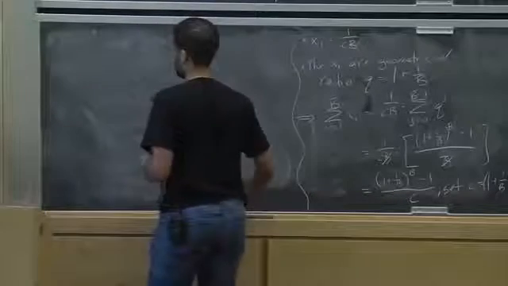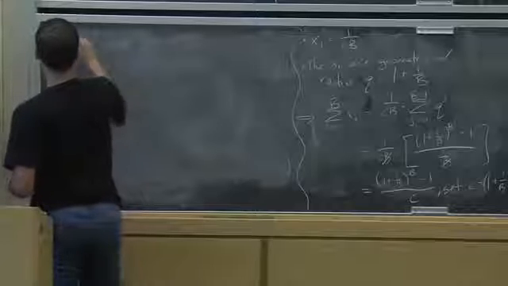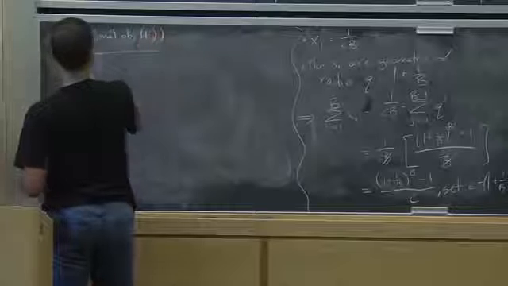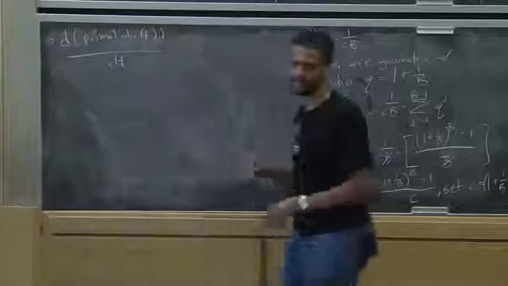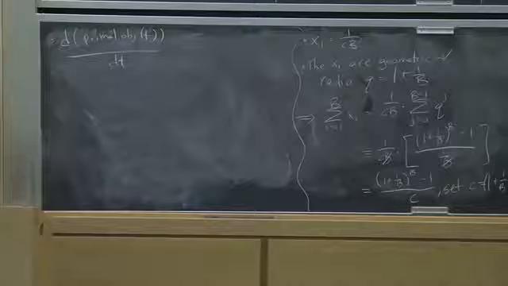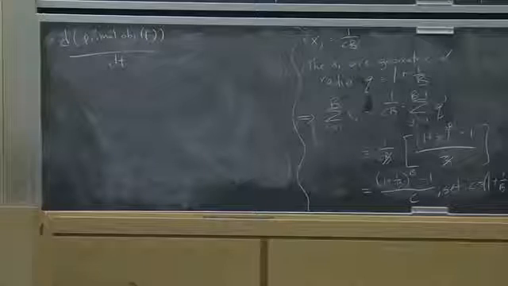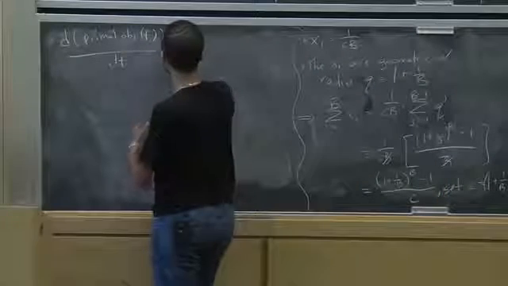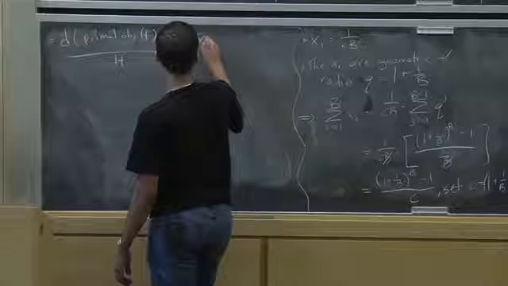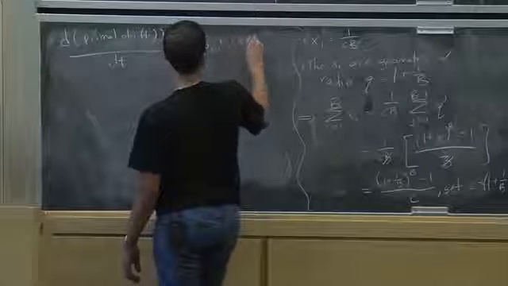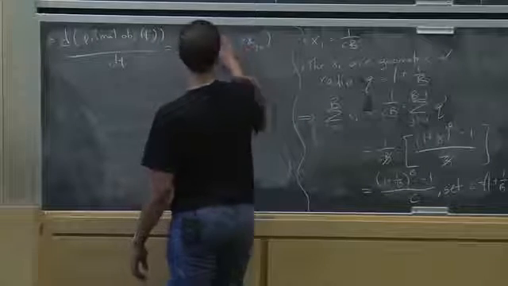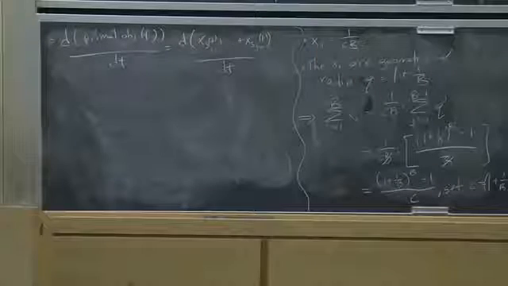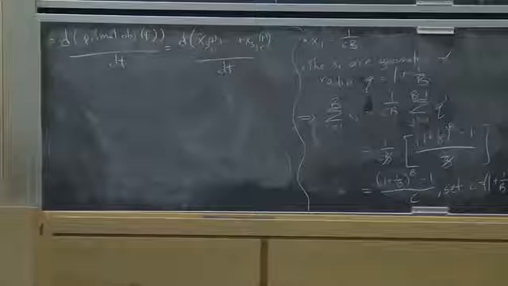Well, what's the derivative of the primal objective with respect to time? The only part of the primal objective changing is the derivative of x_Sj1 plus dot dot dot plus x_Sjr with respect to t, because the other variables aren't changing.